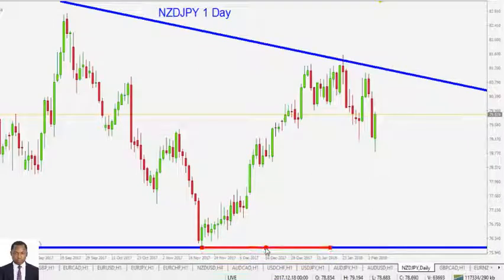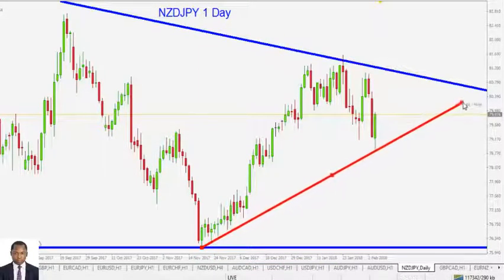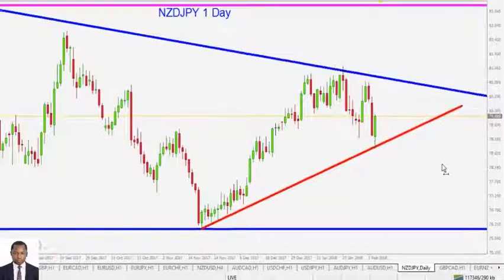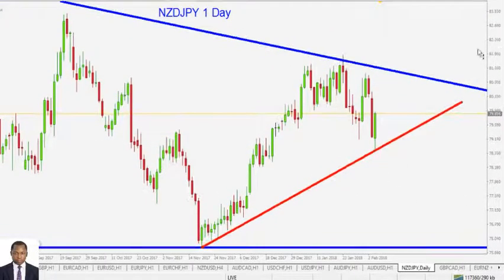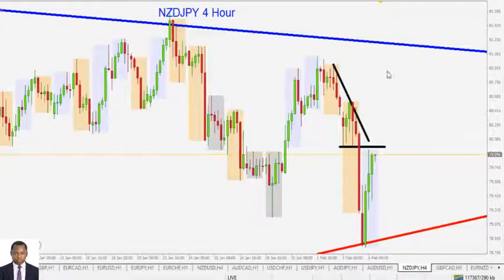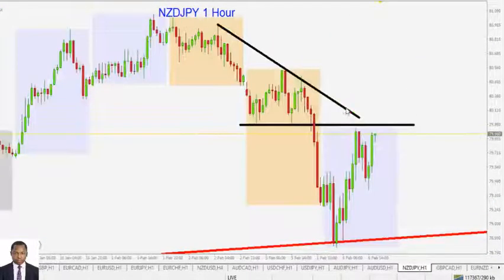Let's see if we can find a trend formation. Yes, that's what has been bouncing price. This held price around that level, so let's keep that line there. 4 hours, nothing. 1 hour time frame, also avoid this.